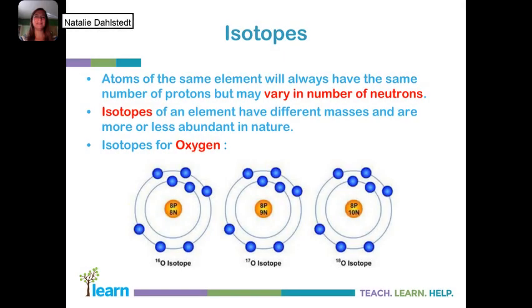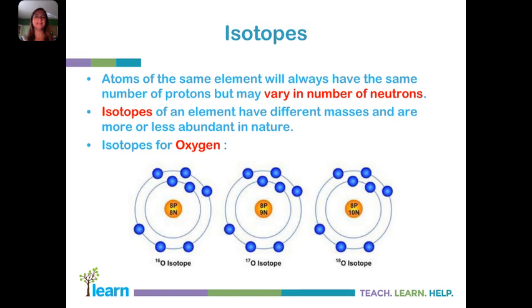In order for two atoms to be considered to be the same element, they absolutely have to have the same number of protons. Yet, they could vary in number of neutrons, and this is what we call isotopes. Isotopes of an element are more or less abundant in nature.